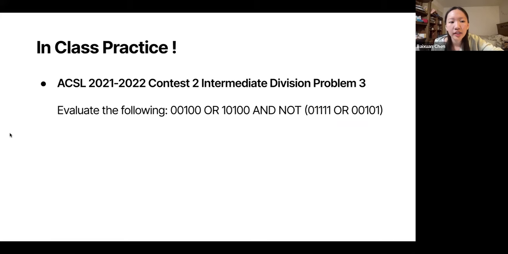So first let's do an OR of 0 and 0. An OR of 0 and 0 will return a 0, right? So the first digit of this expression will be 0. And then 1 OR 0, remember, OR will return 1 if any of the bits are 1.